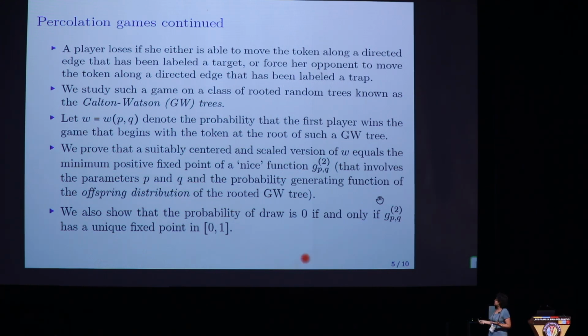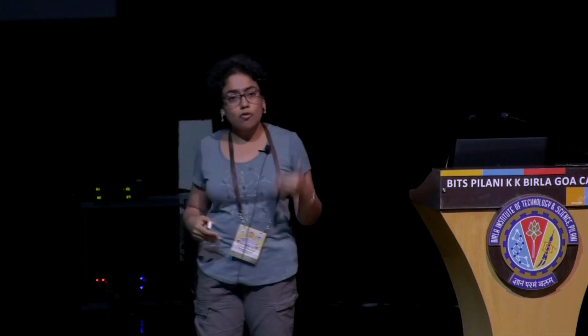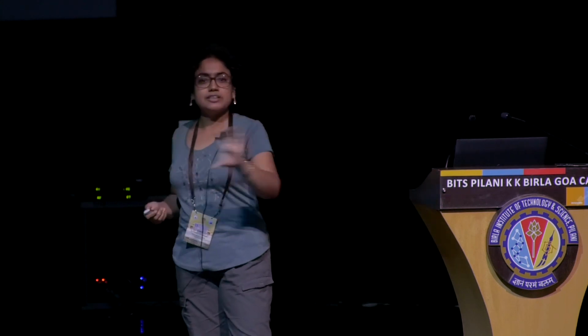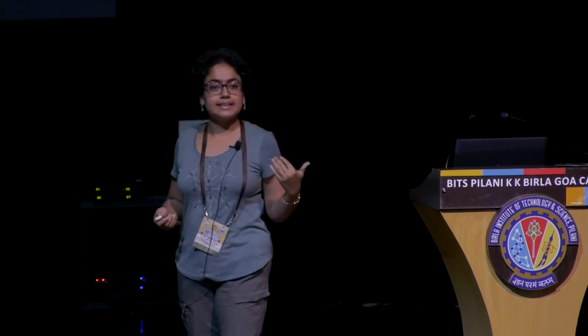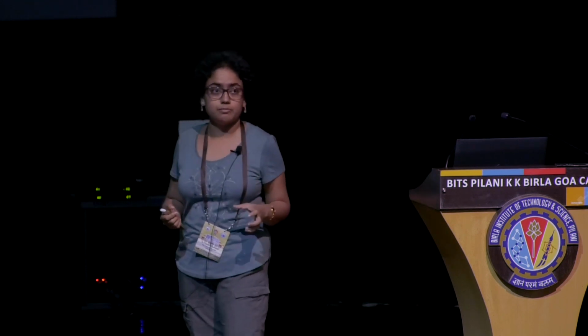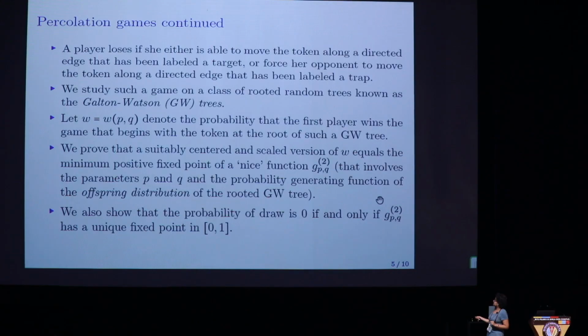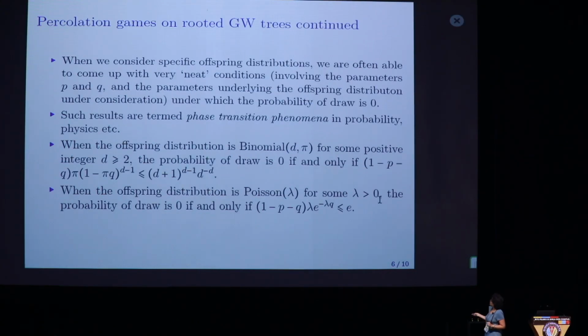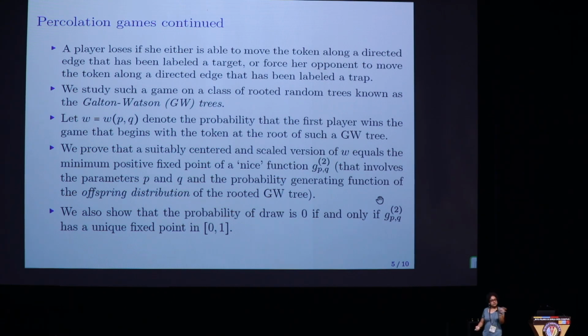This function I haven't dwelt on because the technical part doesn't matter. This function depends on P, Q and something called the probability generating function of the offspring distribution. And usually you don't get explicit expressions for these probabilities. You do get them as certain fixed points of certain functions. And then you analyze those functions to glean as much information as possible about these probabilities. The interesting thing, so you also get some similar results about the loss probability for the first player.